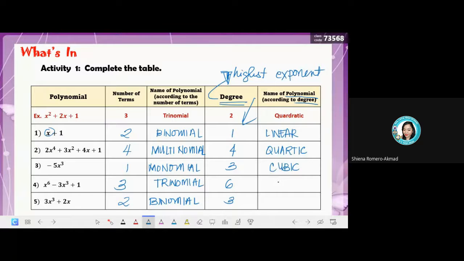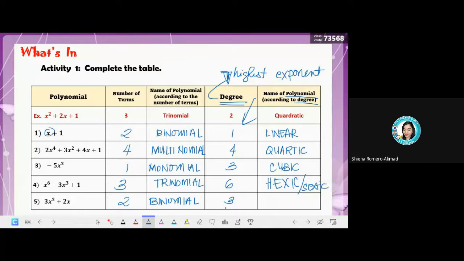Next, how about dun sa 6? 6 yung highest exponent. Hexic. May isa pang tawag dito. Hexic or sectic.